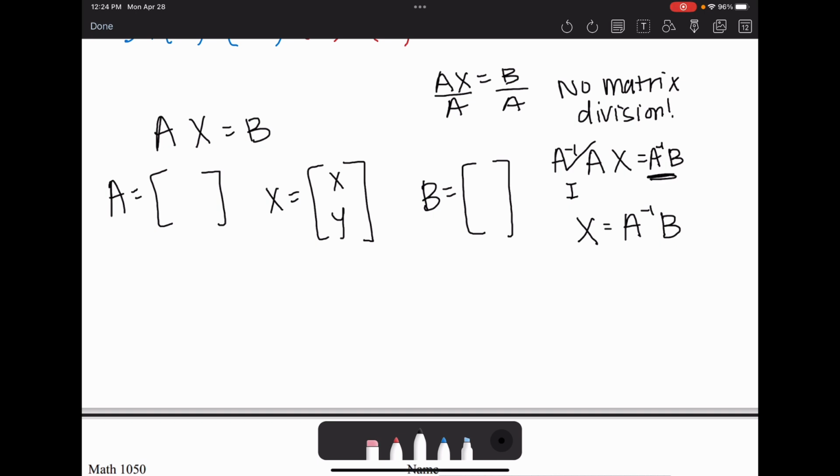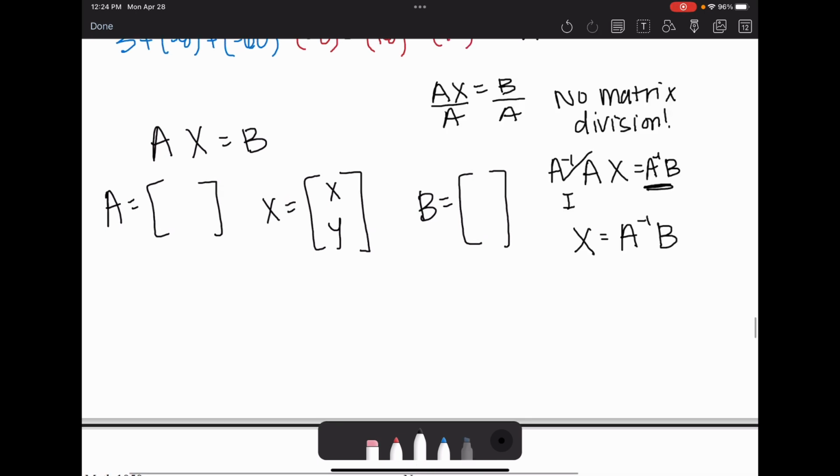So this A inverse should be first because we're multiplying it first on this side. So it should be first on that side, or the furthest left, I guess. So once you have the inverse, you can multiply by the B matrix and you get your solutions.